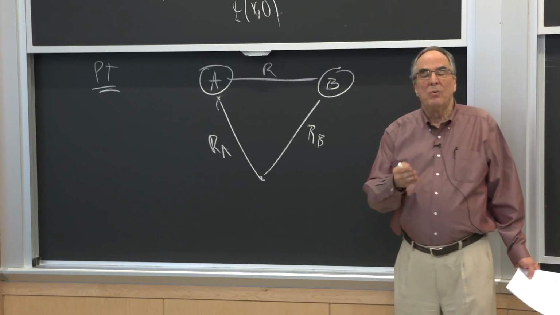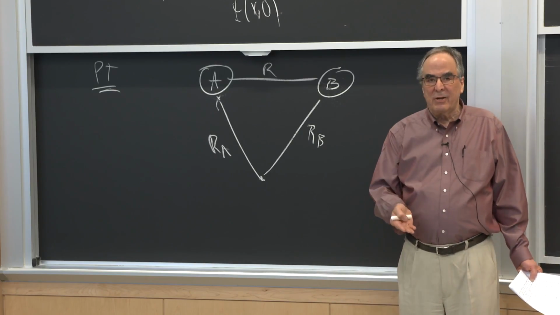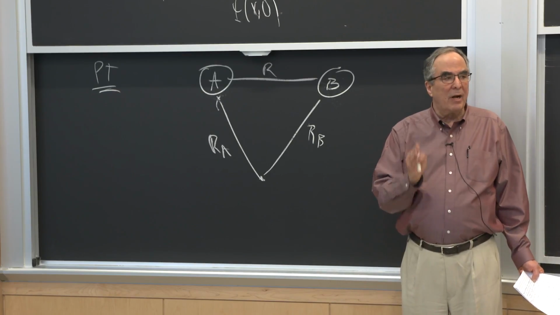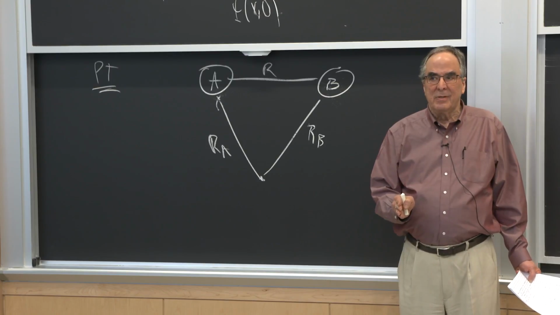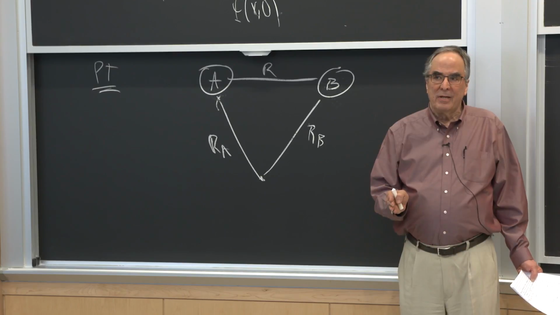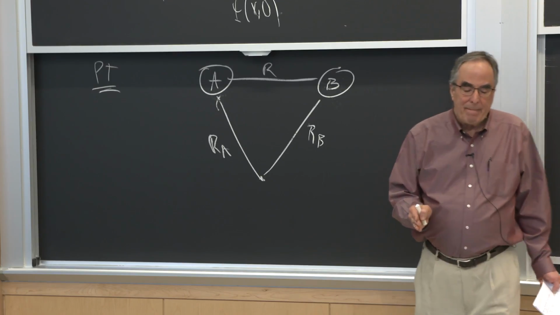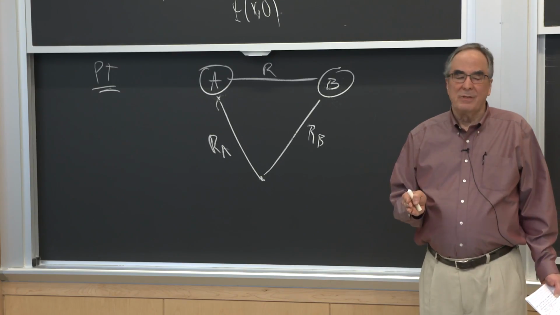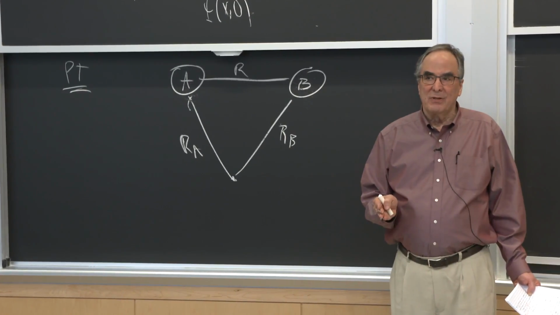And so one of the things you know about perturbation theory, if you're talking about the ground state of a system and you do perturbation theory, what happens? What happens to the energy levels?